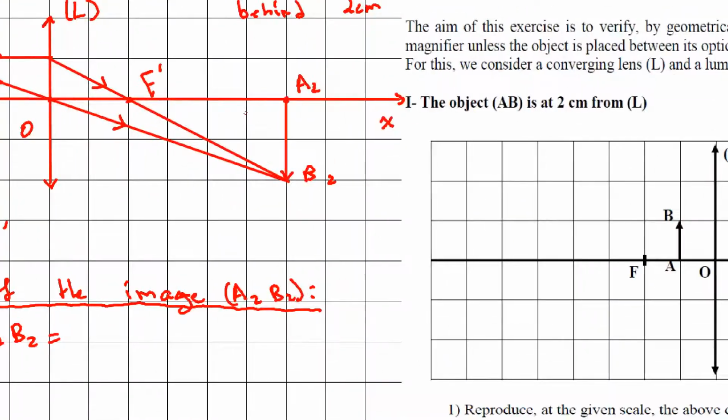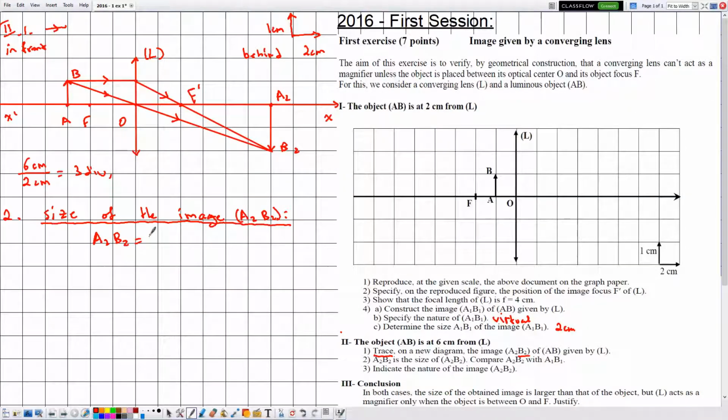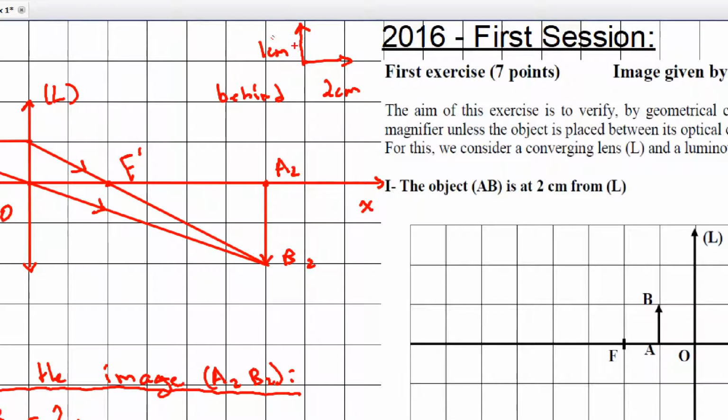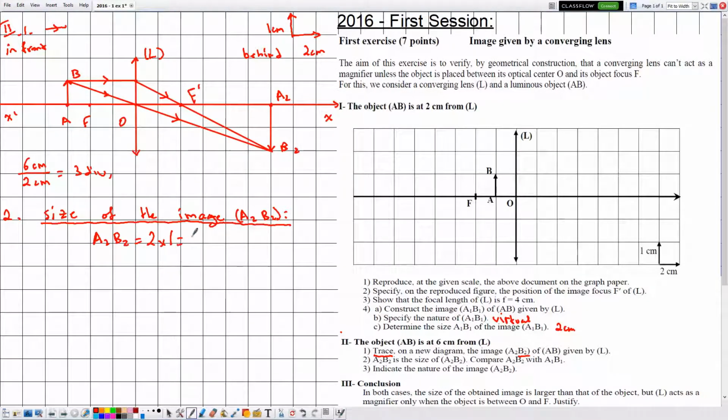Now A2 B2 consists of 2 divisions, and we multiply by the scale along which we have counted the number of divisions, which is scale along the y-axis, and this will give me 2. Because the scale is in centimeters, then the value of A2 B2 will be in centimeters. Then the size of the image A2 B2 is equal to 2 centimeters.